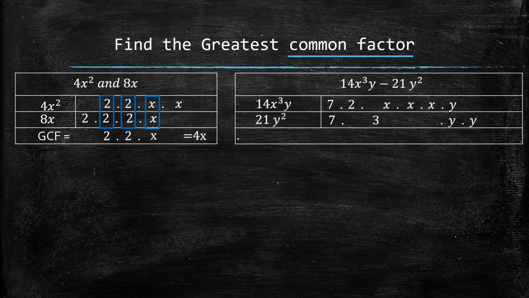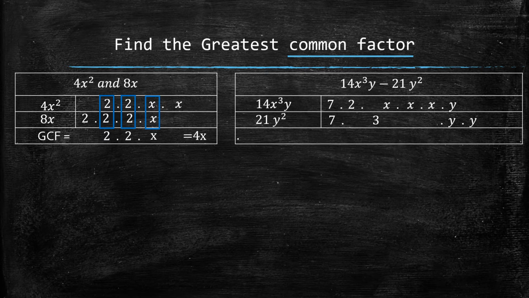21. So here, class, I have separated them so it is easier to understand. So the factor of 21 is 7 times 3. Okay? 7 is a prime number, 3 is a prime number, 2 is a prime number. Meaning, it has no other factors except the number itself and 1.